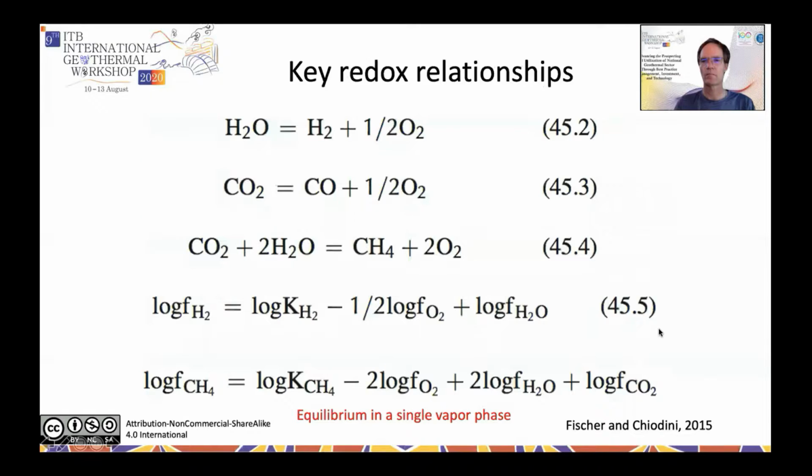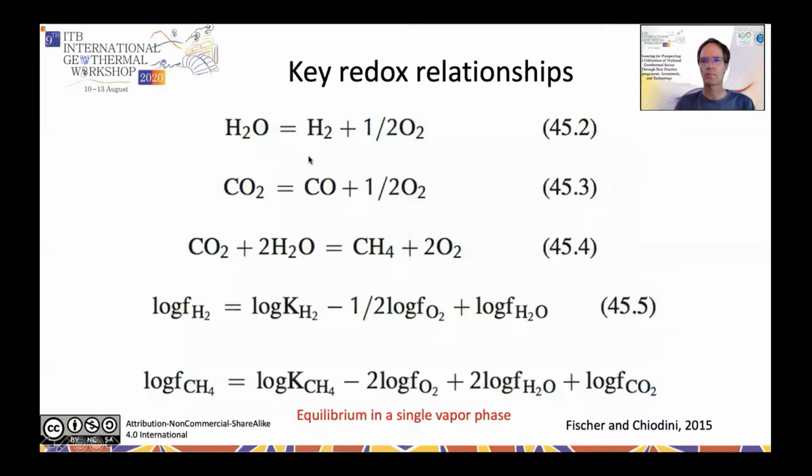In order to understand these processes, we can focus on some key redox relationships in those gases. While we have this overwhelming compositional variety, we can focus on a few species that are helpful when we try to understand process. So some key redox relationships are shown here.